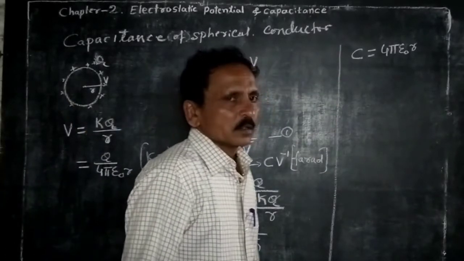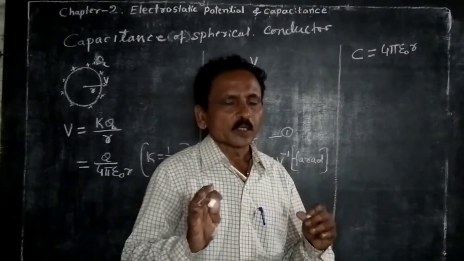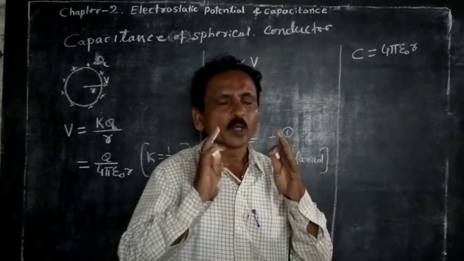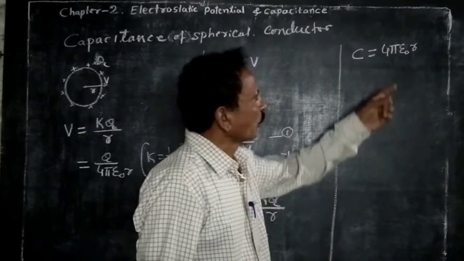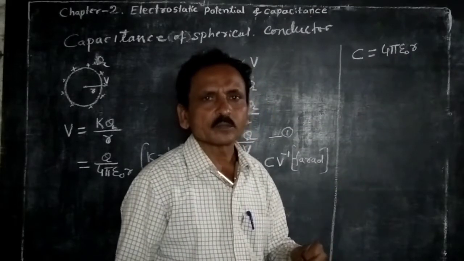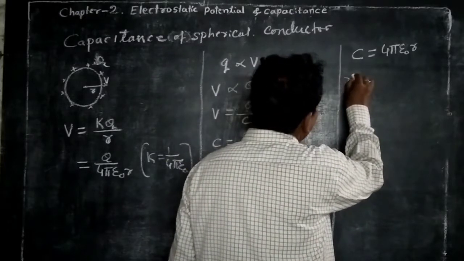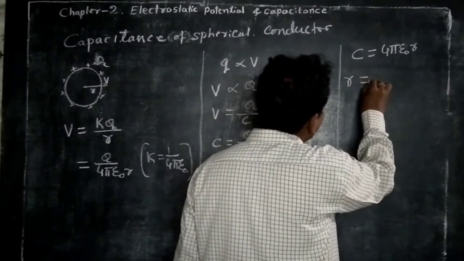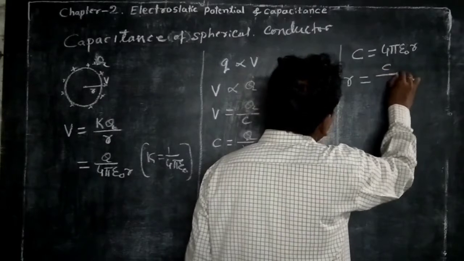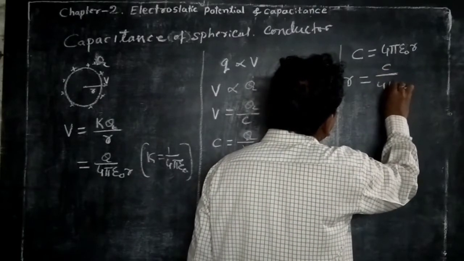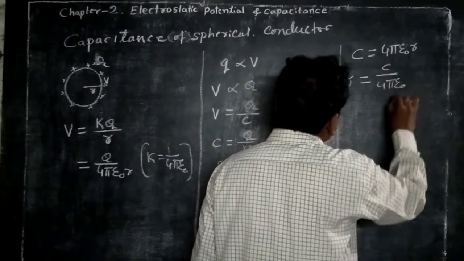Then, to store a small capacitance of 1 microfarad, what should be the radius of the spherical conductor? It can be obtained as R equals C upon 4 pi epsilon naught.